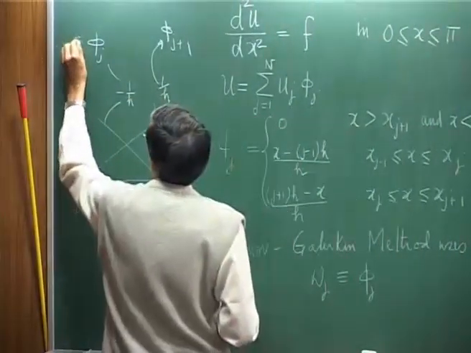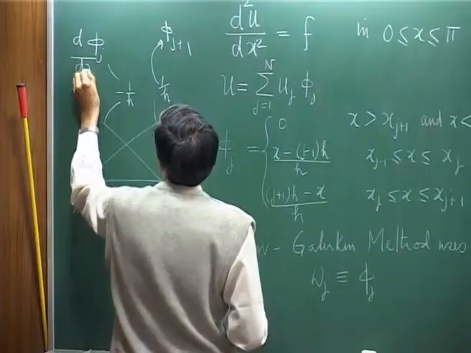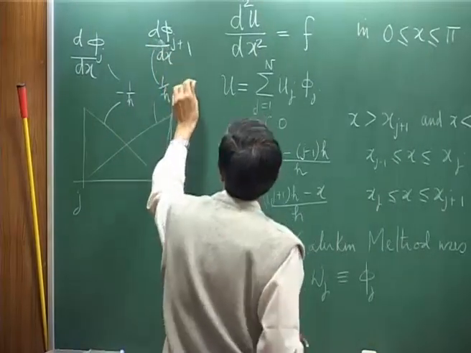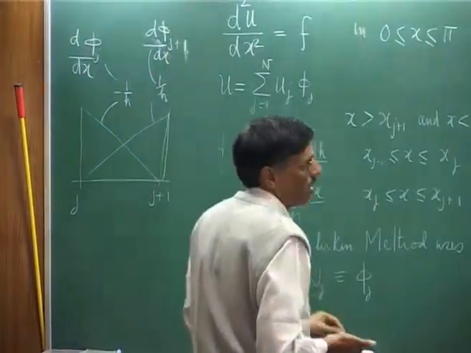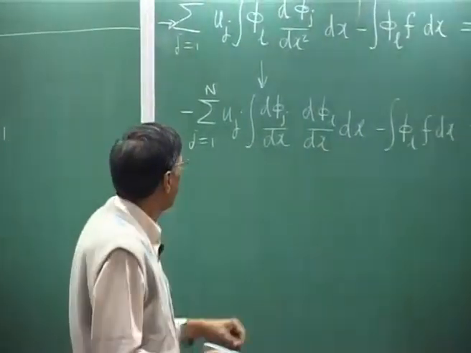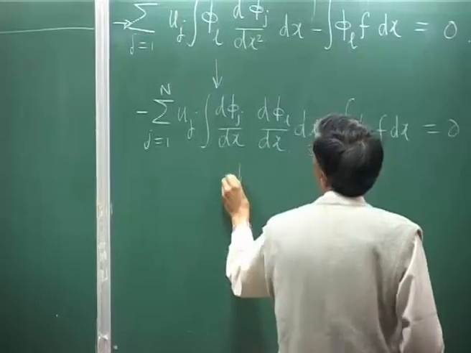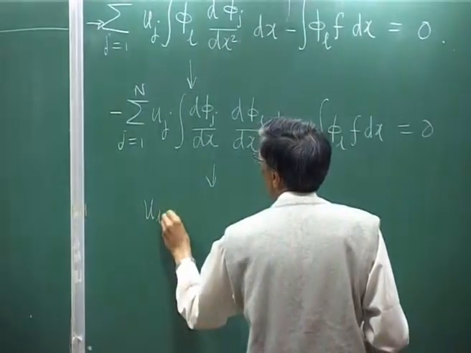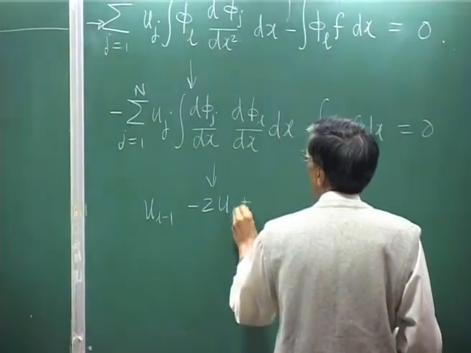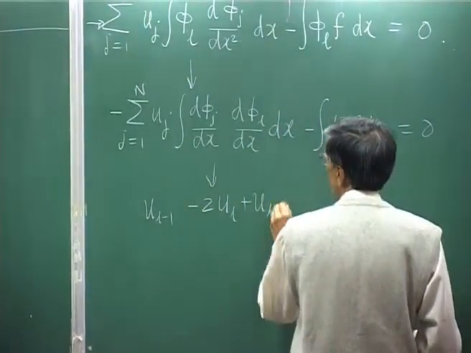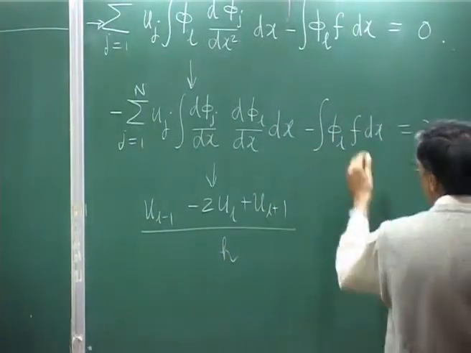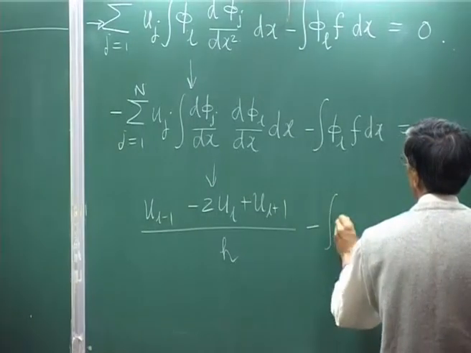So, this is essentially your d phi j dx, and this is d phi j plus 1 dx, right. So, that is what we are doing. So, substituting that, this part comes down to u L minus 1 minus 2 u L plus u L plus 1 by h, okay. And then we have this quantity phi.